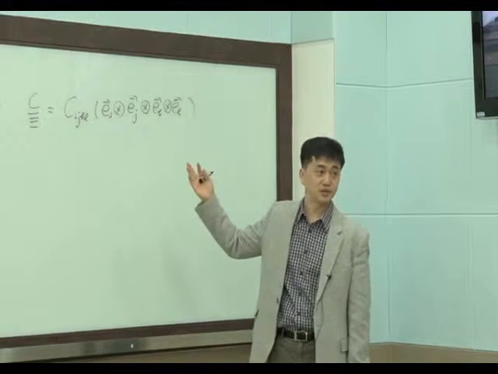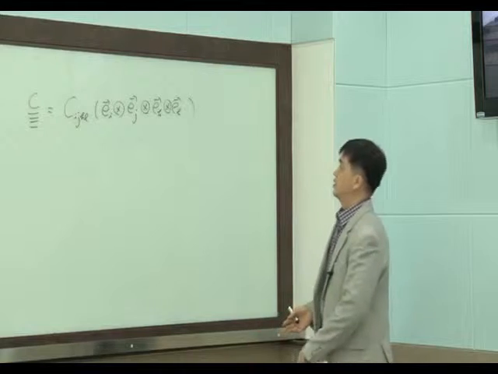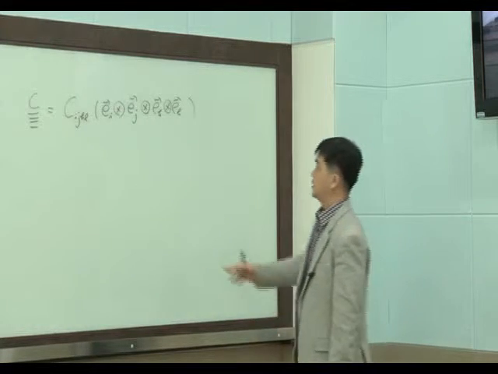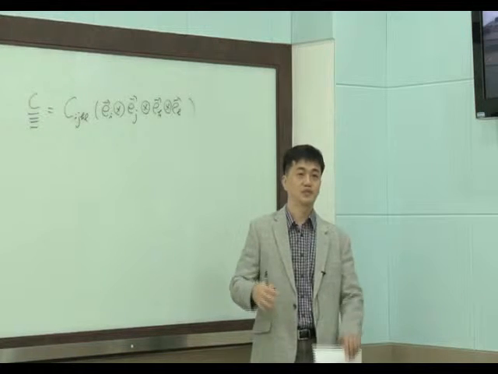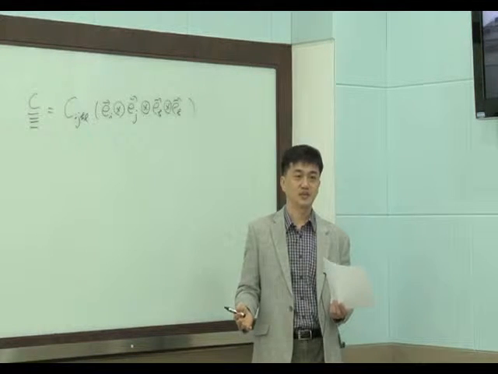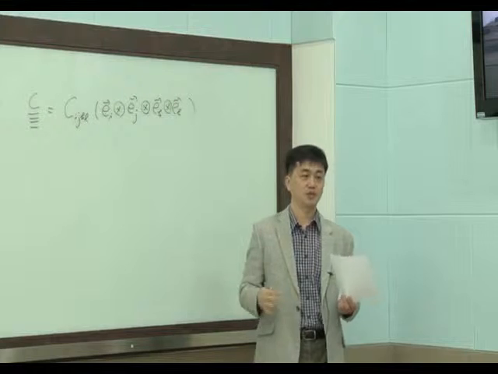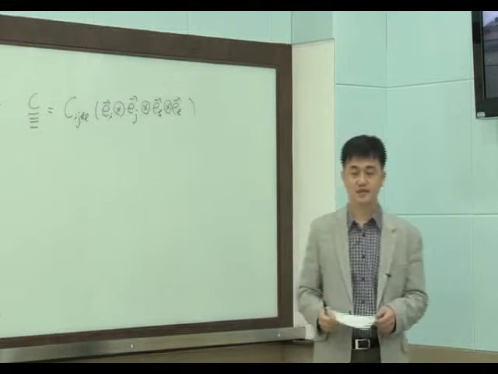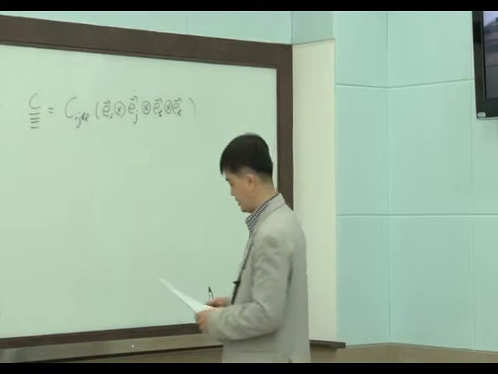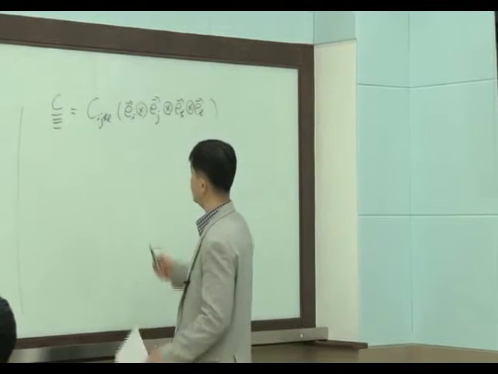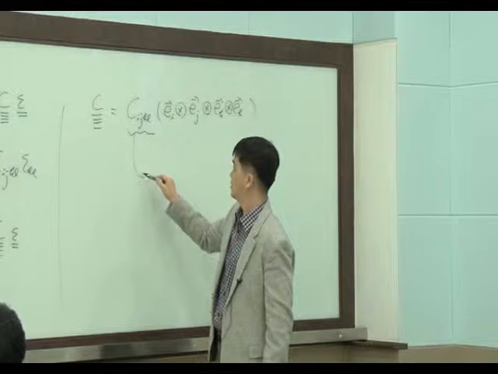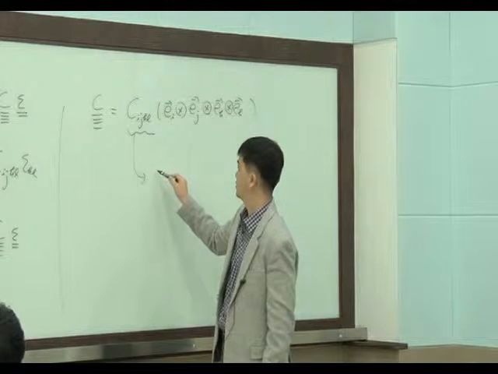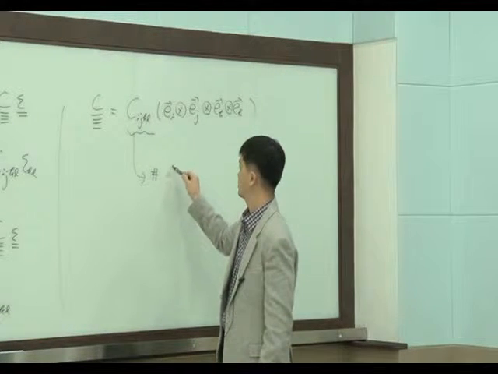A fourth order tensor has four base vectors, so you can think of a fourth-dimensional space, not 3D space. So how many components do we have here? Number of components.